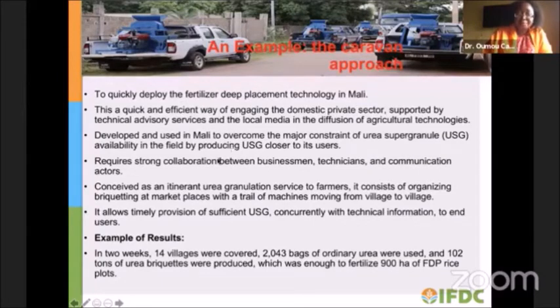This has required strong collaboration between businessmen, technicians, and communication actors, and it has allowed for timely provision of urea supergranules, which are very efficient for improving yield while reducing the need for fertilizer.